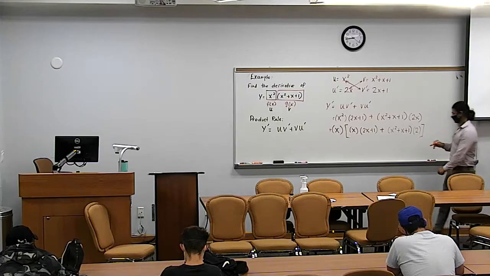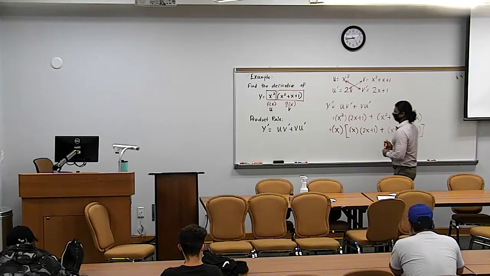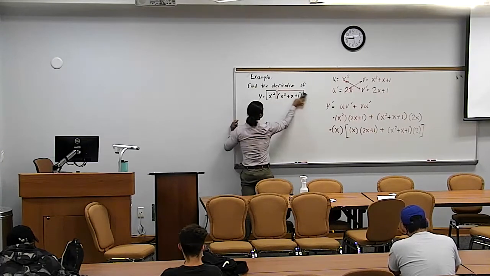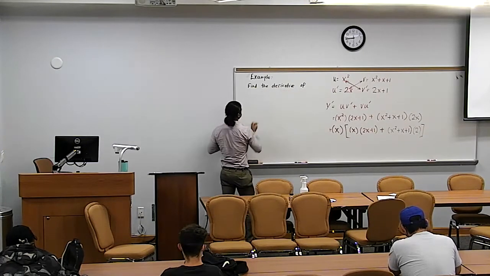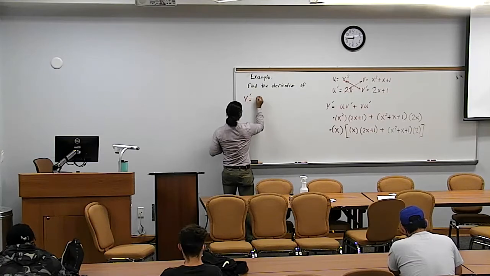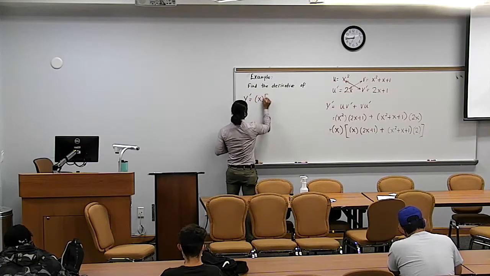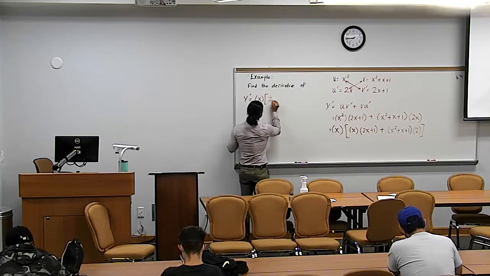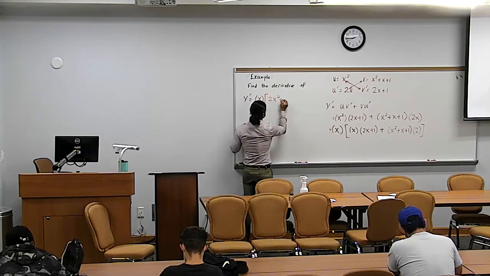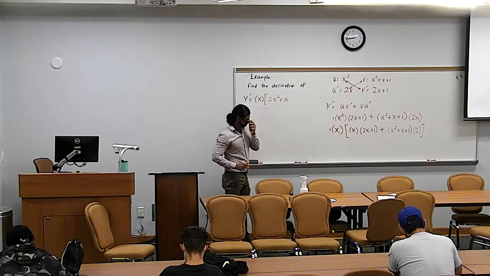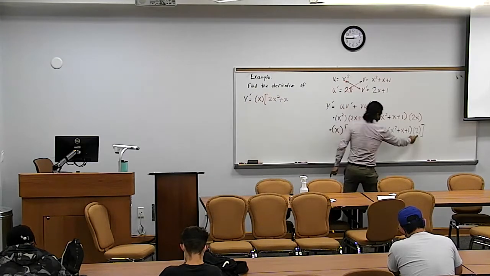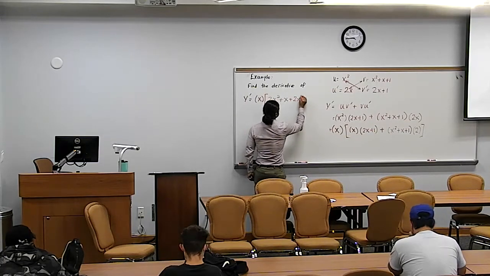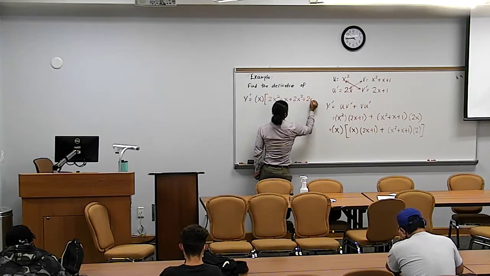Always simplify. Distribute the x over there. You have 2x squared plus x. Distribute the 2: 2x squared plus 2x plus 2.